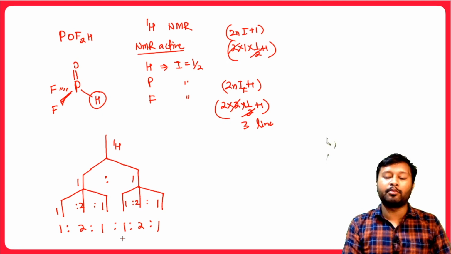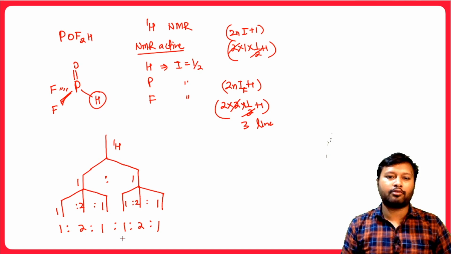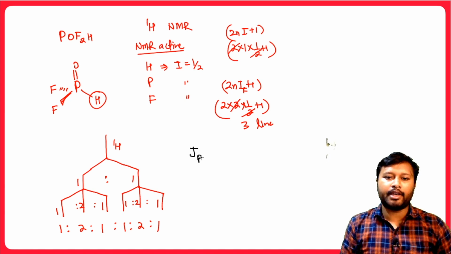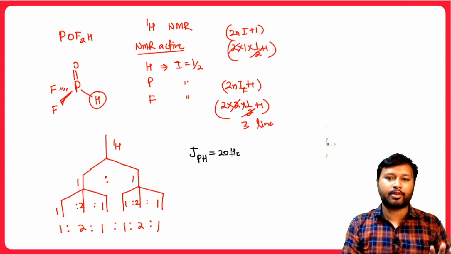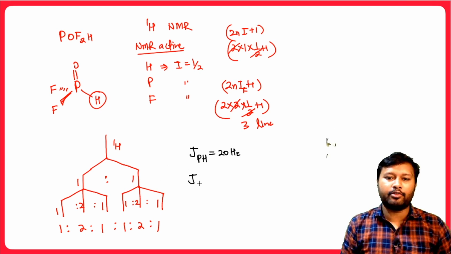But let's assume that the J value is also given to you in the question, and now let's see what is going to happen. Let's assume that the J value for PH is given to you as 20 Hertz. I'm just taking an arbitrary value to explain, and the J value for FH is given as 10 Hertz.